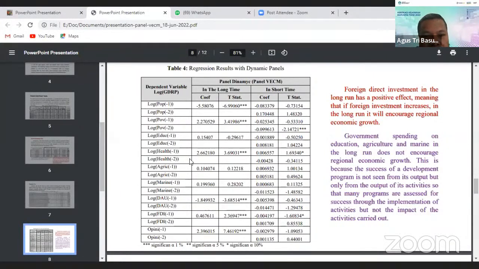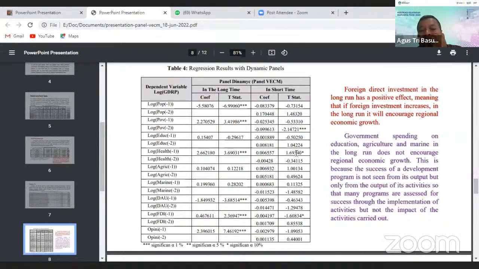Health can affect GDRP. If you see in the long term, only education budgeting and agriculture budgeting and marine budgeting cannot affect GDRP in the long run.